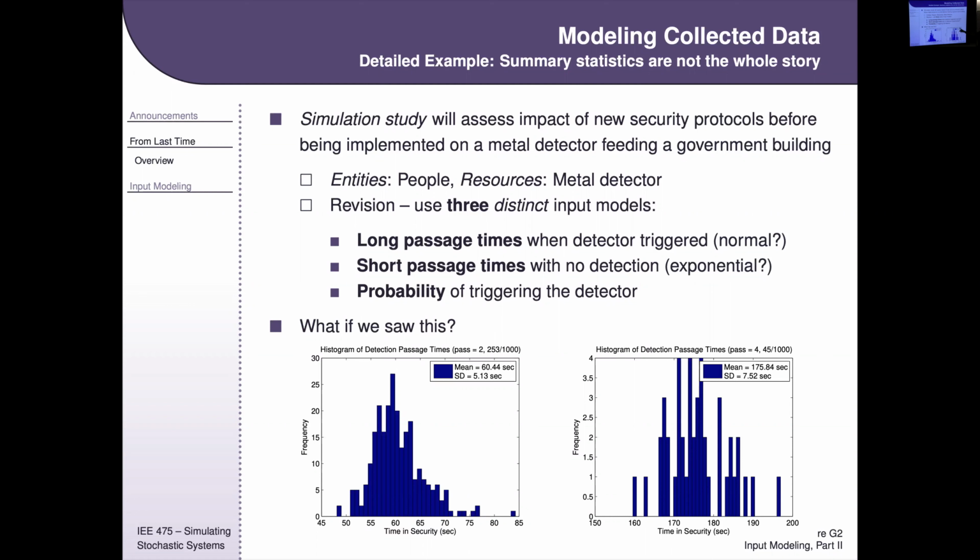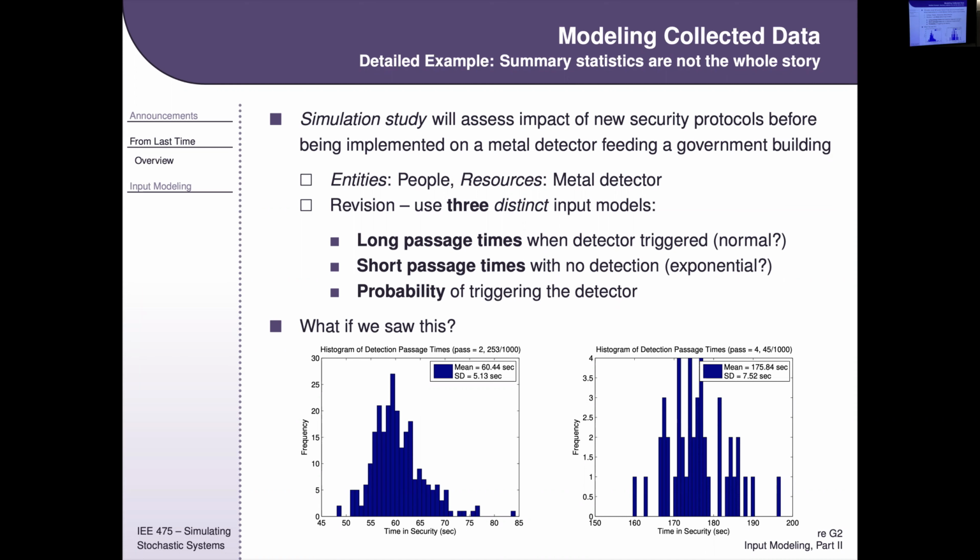There's only 45 people in this spike, but there's 253 in this spike. And so there's a lot more uncertainty because I have less of a sample size here. But overall, it seems kind of plausible to me that these 2 might come from the same distribution. So what I might think here is this is actually the distribution I need for the time it takes to move through the metal detector.